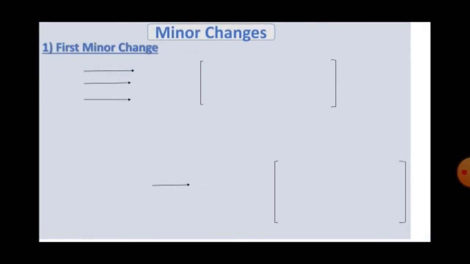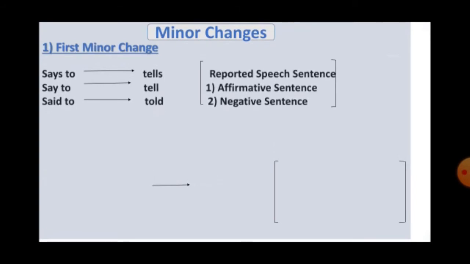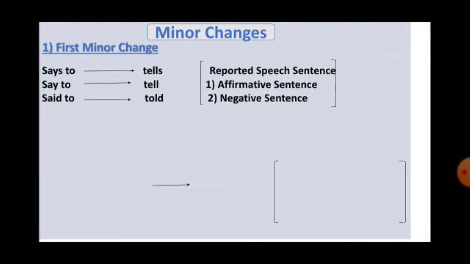Students, now I move towards our first minor changes. What are minor changes? Those changes which occur outside inverted commas are called minor changes. Outside we have some verbs, called reporting verbs.